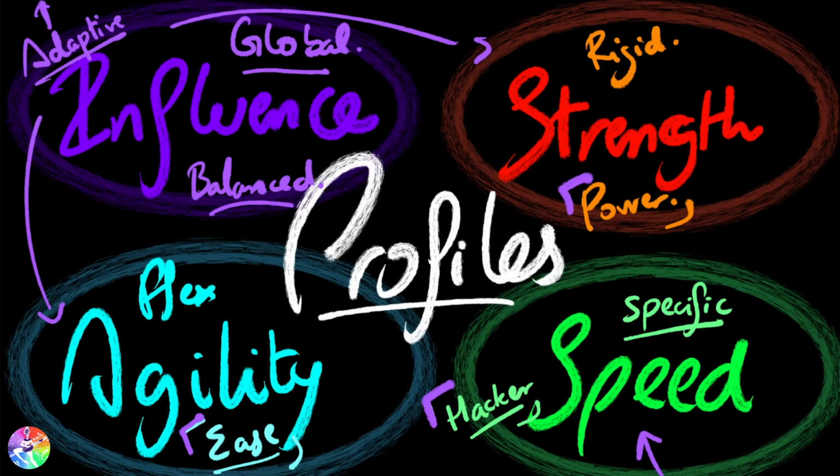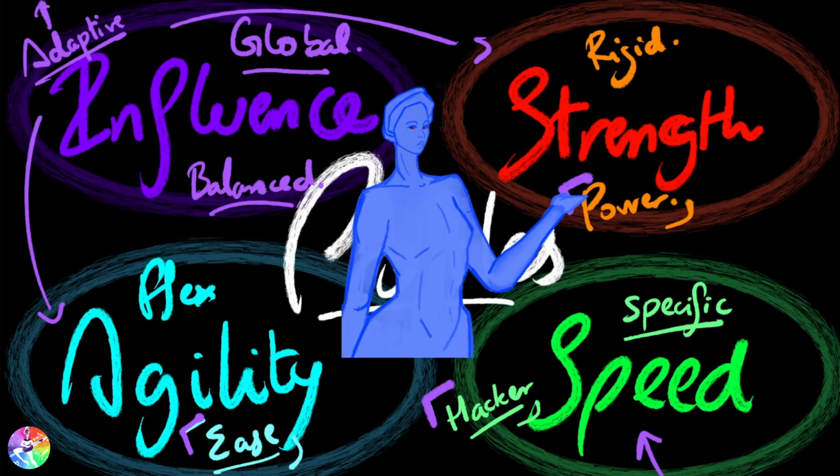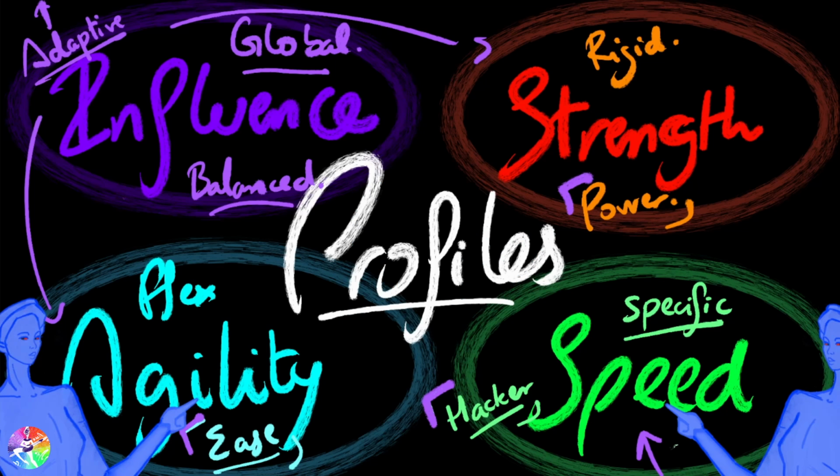For example, a rival character is likely to be a strength-oriented character. She may also be a speed-oriented character. Those are the most likely profiles for a rival character. An advisor type of character is most likely to be between agility and speed.